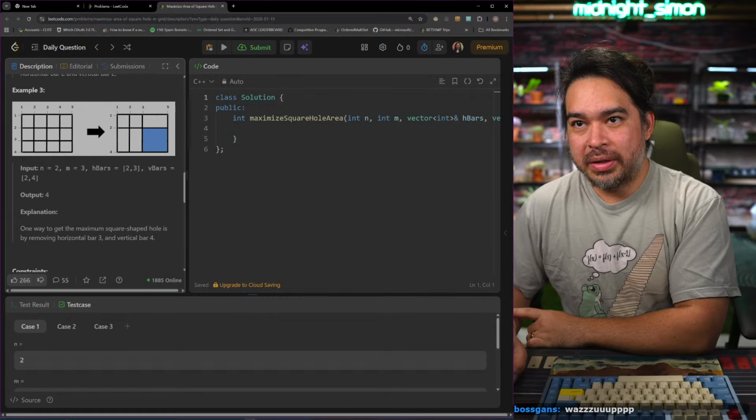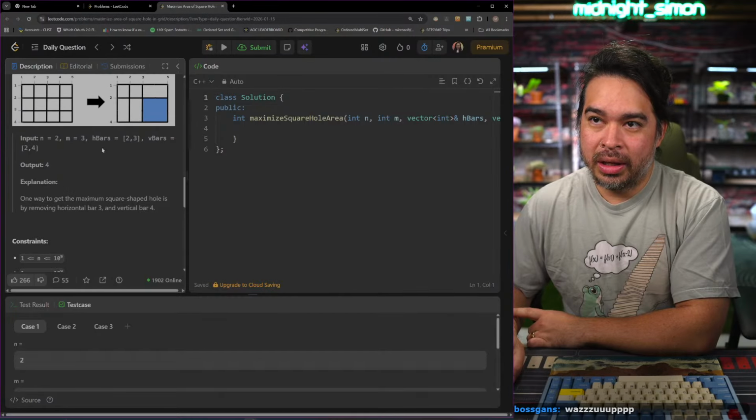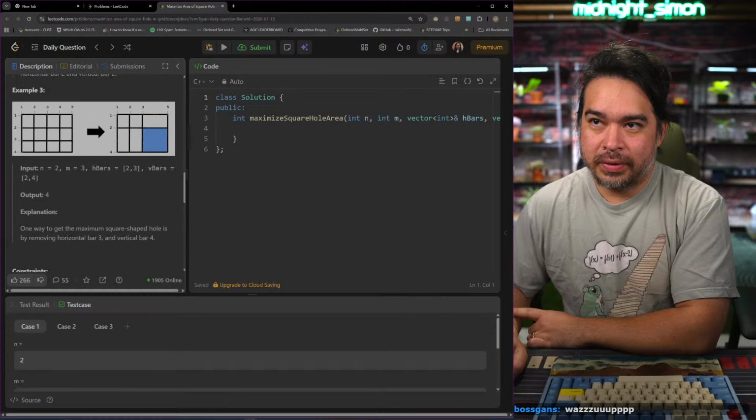Alright, so the grid creates the 1 by 1. It's like a nice grid. Every cell is just 1 by 1. And then the bars, the horizontal bars, vertical bars, we can remove those. So horizontal bars 2 and 3.